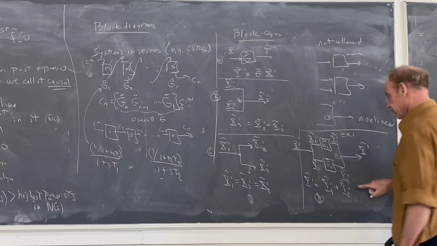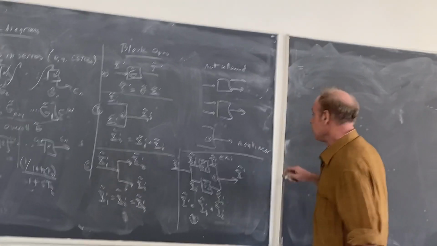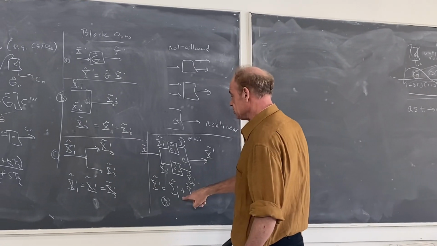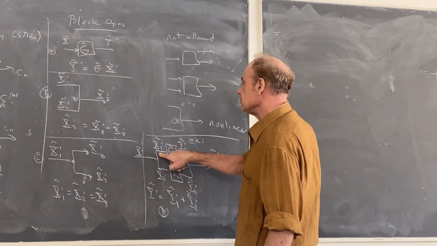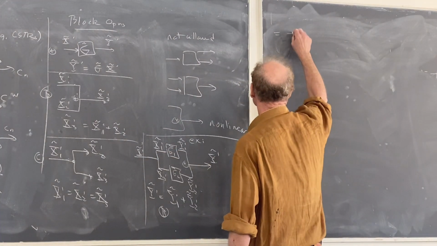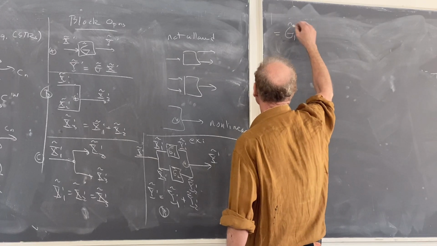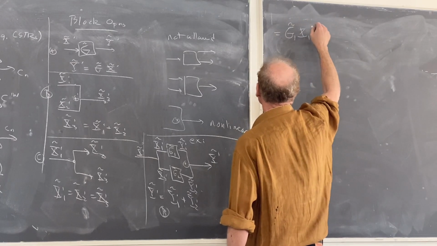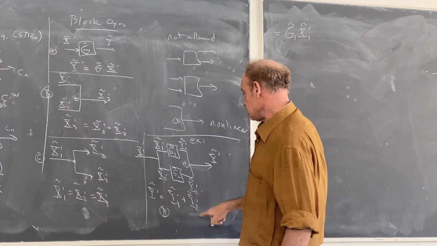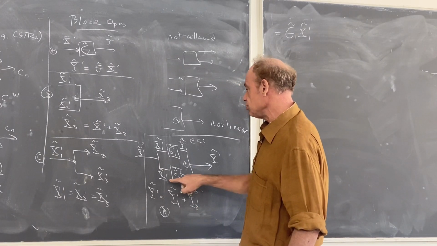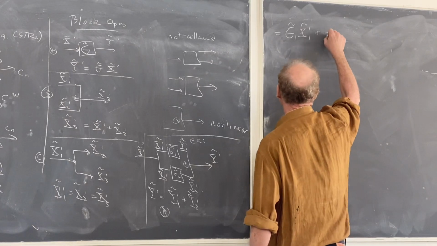So that's equal to, from here, going to the next word, Y prime tilde is Y1 prime tilde. Y1 prime tilde is G1 tilde times X1 prime tilde. And Y2 prime tilde is G2 times X2 prime tilde.